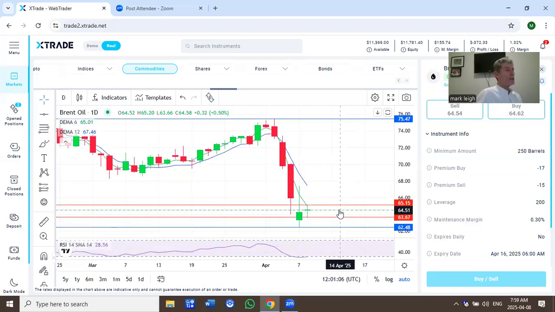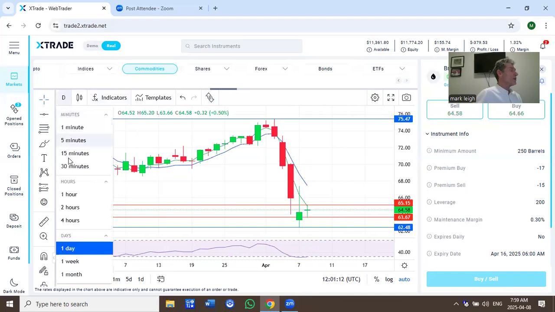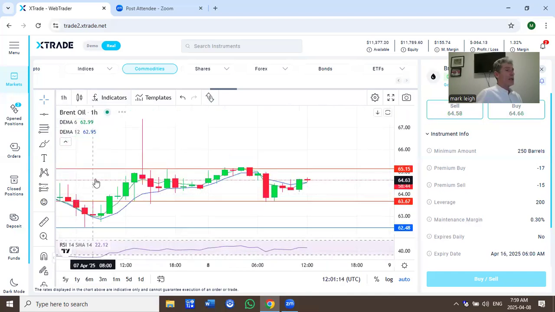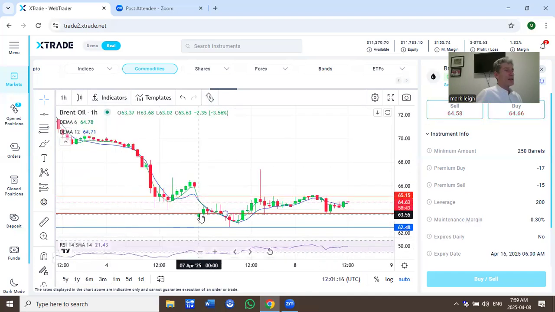For today, we can see this doji, and within this narrow range, let's have a look on the hourly. And there you can see it. There we have support at 63.62, resistance at 65.17, and very much contained in this narrow range. Bias is down, trend is down. It's going to take something to break out of this on the upside.